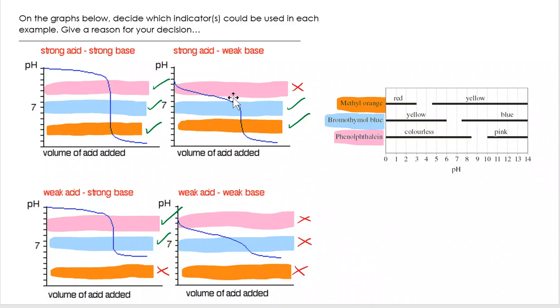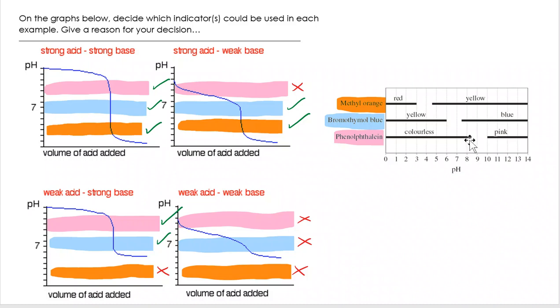And finally, we're taking a look at phenolphthalein. It would work with a strong acid strong base, definitely not with a strong acid weak base. It would sort of work with a weak acid strong base there that we can see, but not with a weak acid weak base.